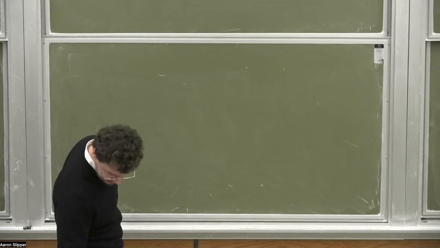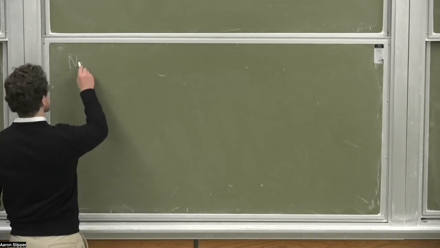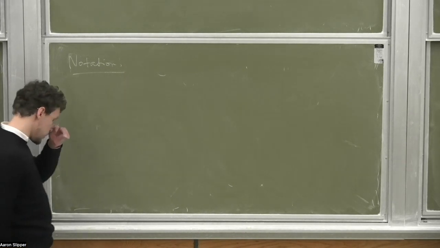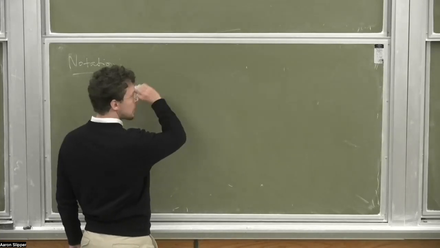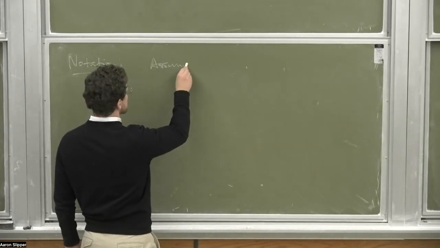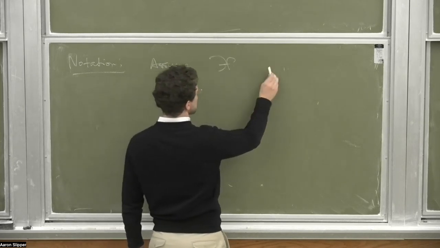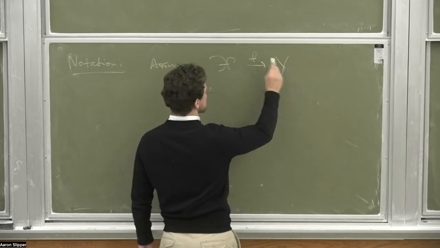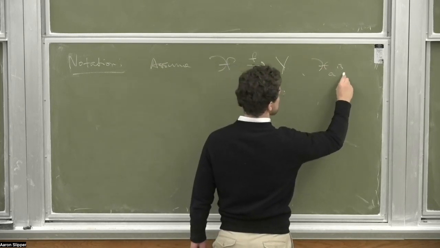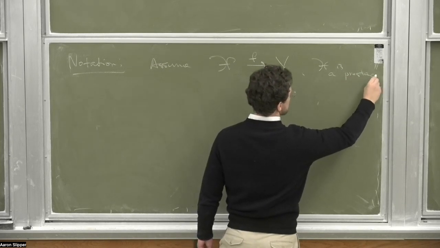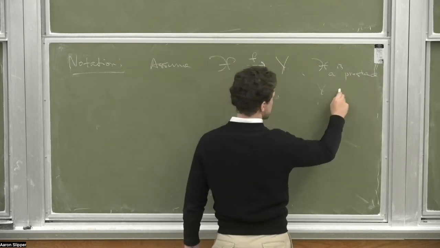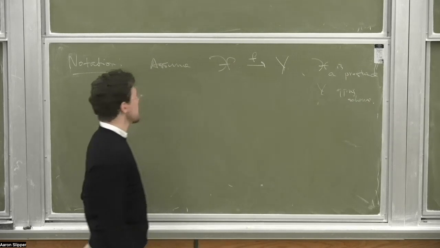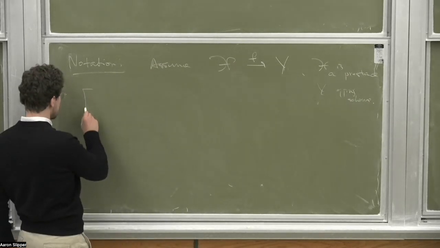Okay, so now I want to introduce a notation. Assume i goes to y is some map, where i is a prestack and y is a scheme. Now I can define the following object.